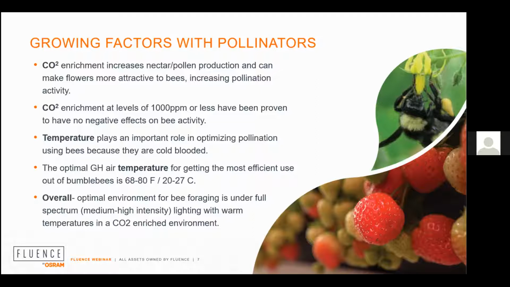So as long as you're maintaining that, temperature should not be the limiting factor with your pollinators. To sum all that up, the optimal environment for bee foraging specifically is under full spectrum, medium to high intensity lighting with warm temperatures and a CO2 enriched environment.